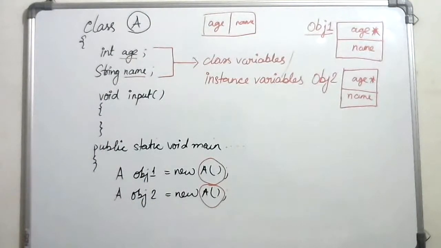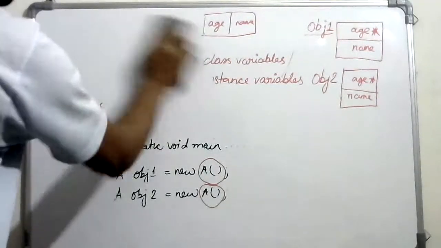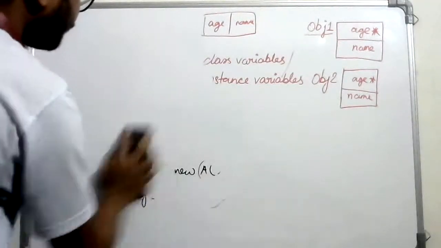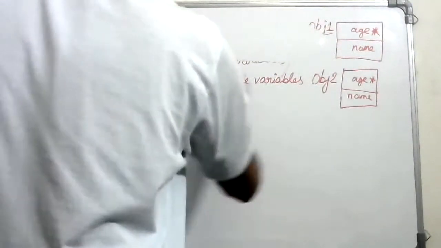I hope the difference is clear. Why are they called class variables or instance variables? I hope that definition is clear. Now let's get back to our constructors. Constructors are called constructors because they construct these default values that need to be initialized to the class variables.